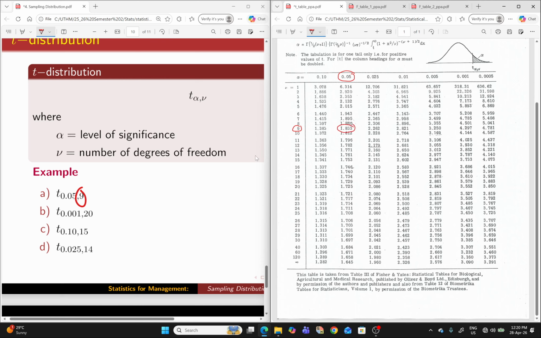So the number is 1.833. Easy. Then 0.001 is here. 20 is here. What is the point?